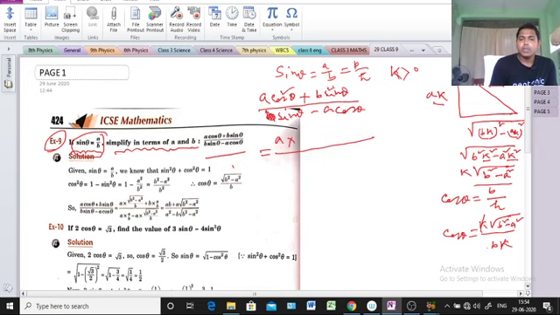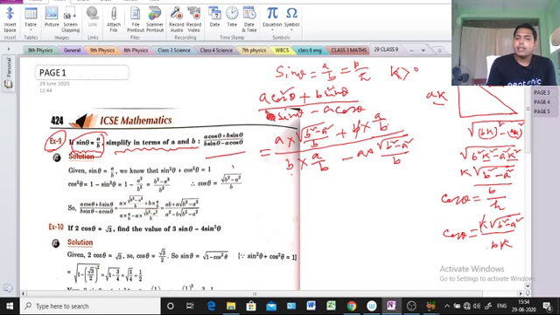A into cos theta, value is root over b square minus a square by b. Plus b into the value of sin theta, which is a by b. That's why I'm writing a by b here, with b in the denominator. Minus a into cos theta, root over b square minus a square by b. Clear? Okay, now cancel it.